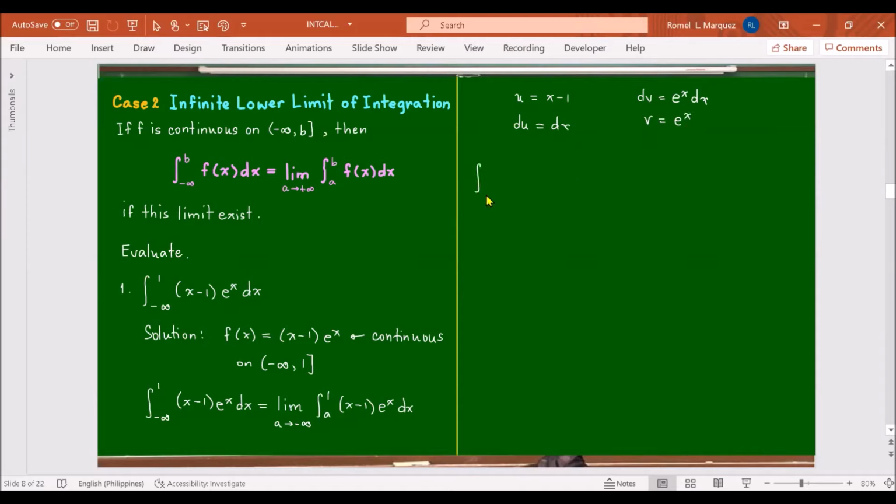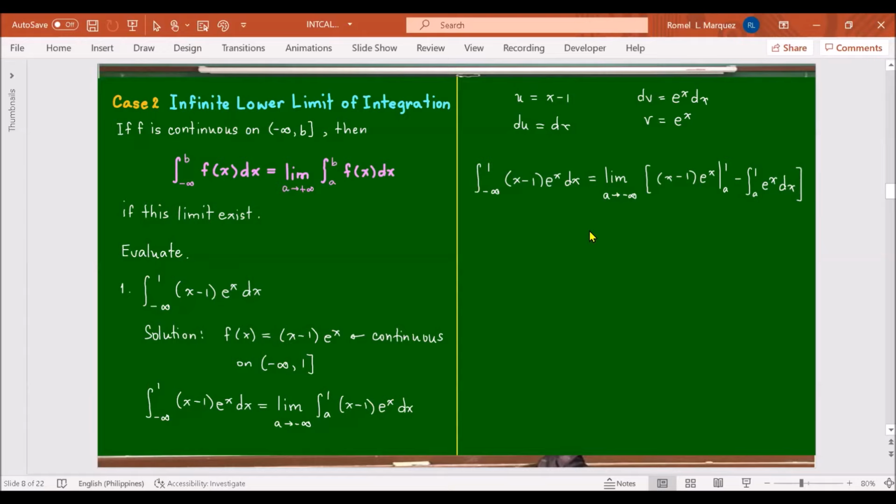So the integral from negative infinity to 1 of (x minus 1) e to the x dx is equal to the limit as a approaches negative infinity of (x minus 1) times e to the x evaluated from a to 1, minus the integral from a to 1 of e to the x dx.